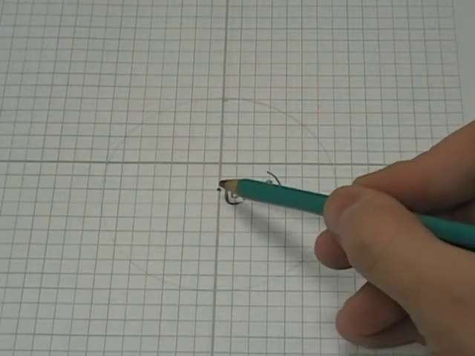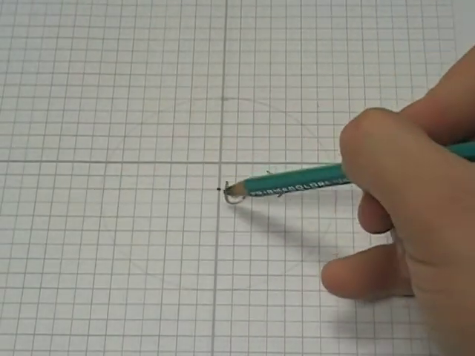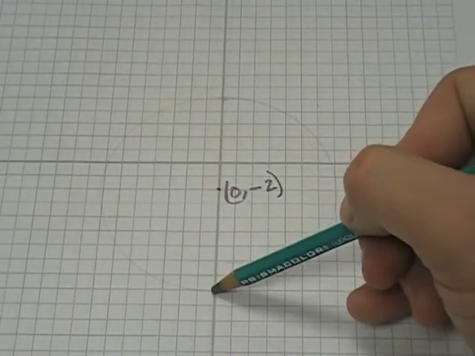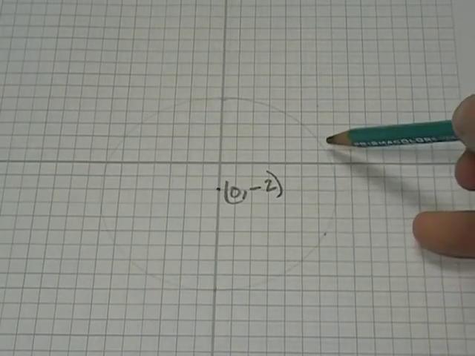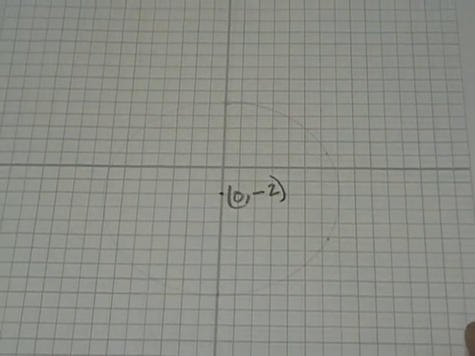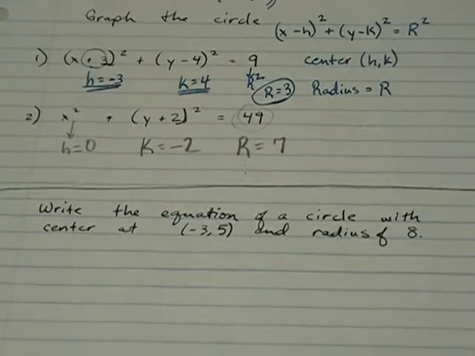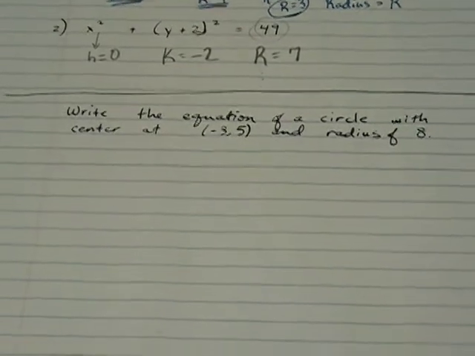And then in any direction you can go exactly 7 units on this graph paper, and you will find the exterior of this circle. So it's kind of a fun little exercise given that equation, how to graph the circle. It's just coming straight from the equation there.